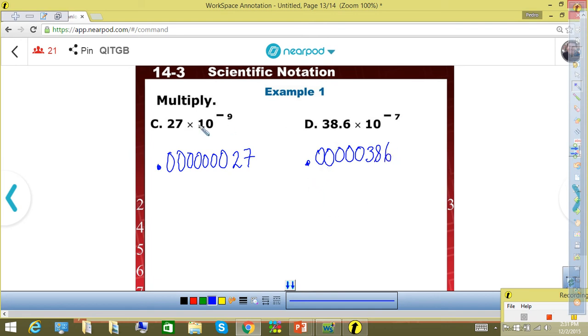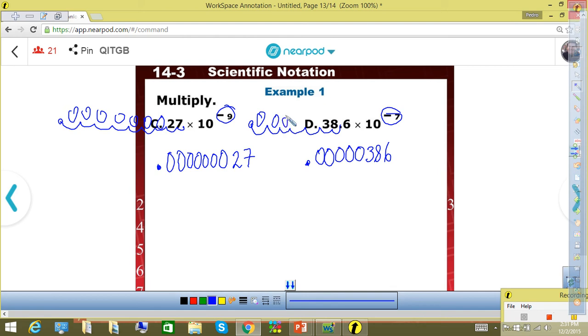That is correct. So once again, just to double check, we have to move the decimal that number of times to the left if it's a negative. So this one we moved it 1, 2, 3, 4, 5, 6, 7, 8, 9. Therefore, we have 7 zeros. This one we moved 7 times, so 1, 2, 3, 4, 5, 6, 7.